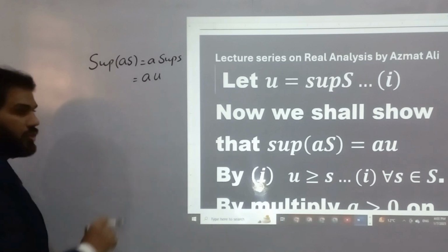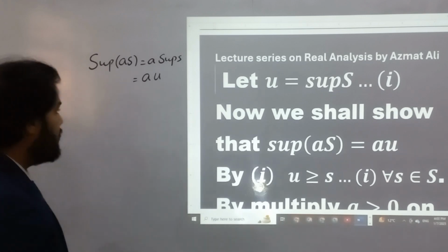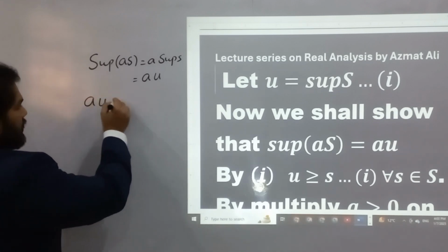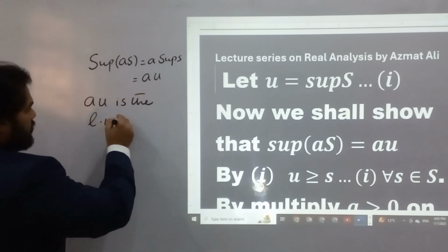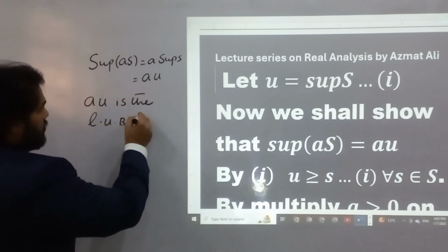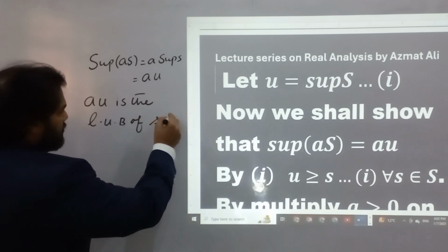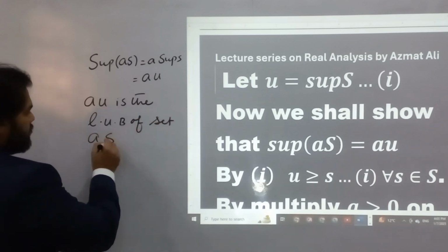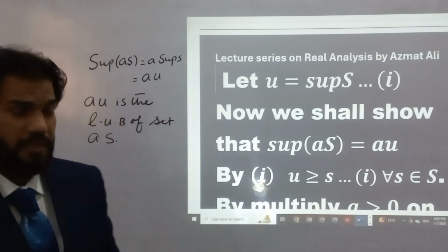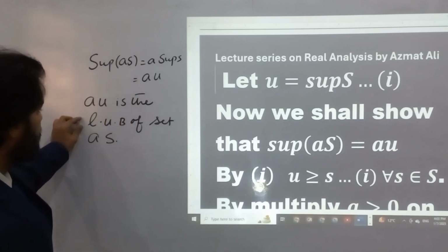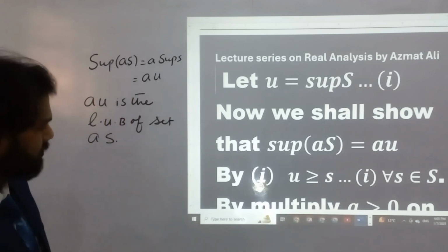Supremum of AS is equal to AU. This expression shows that AU is the least upper bound of set AS. So this is our final target, that we will show AU is the least upper bound of the set AS.